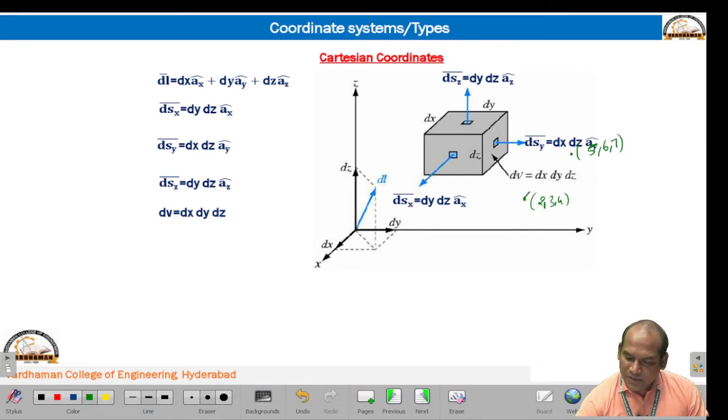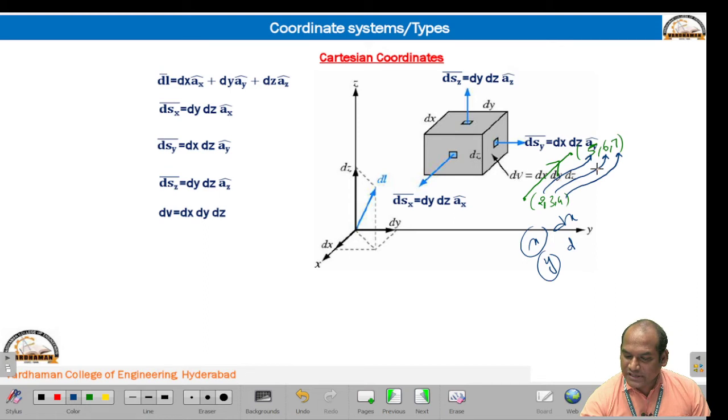How is the x value changing? 2 to 5, y value is changing from 3 to 6, z value is changing from 4 to 7. So there is a change in x from 2 to 5, that is dx. There is a change in y from 3 to 6, that is dy. There is a change in z from 4 to 7, that is dz.